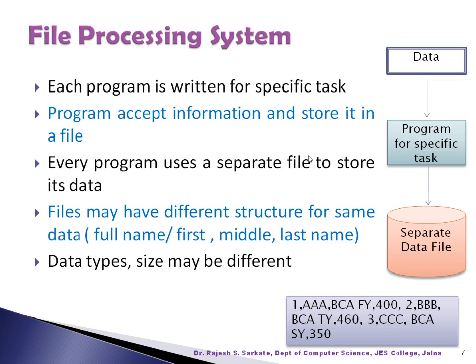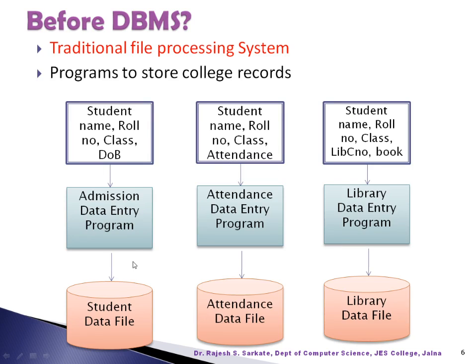Okay, just I am revising shortly. What is a file processing system? Traditionally, programs were written and every program had a separate file for its storage. So the program was accepting the data and the data was stored in a separate file. Even though the data is the same for three different programs, admission, attendance, library, student name, roll number, class, it might happen that due to different programmers, the structure of the file may be different, or the data type or size for these particular fields may be different.